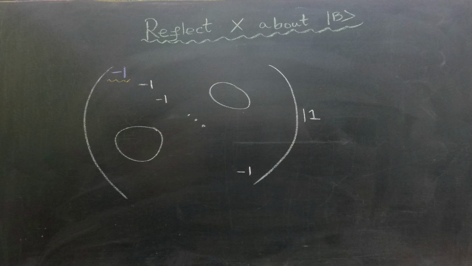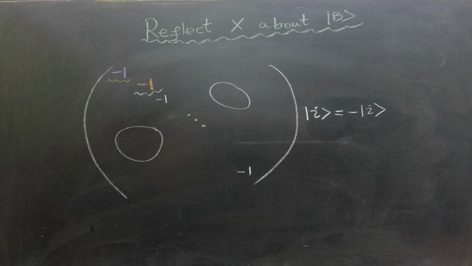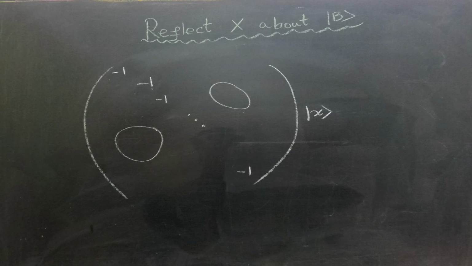Similarly, when we multiply this matrix with ket 1, we obtain minus ket 1 due to the minus located at the first location of the diagonal. Likewise, if we multiply it with ket i, our result will be minus ket i thanks to the minus at the ith location on the diagonal. Generally, a matrix like this will flip the sign of any input ket x to minus ket x.